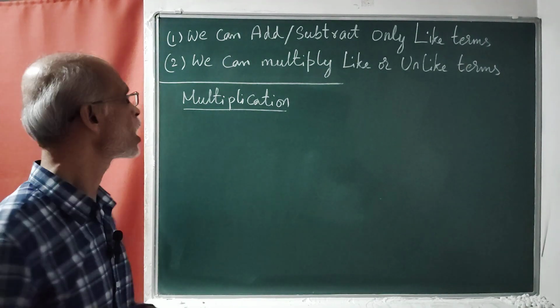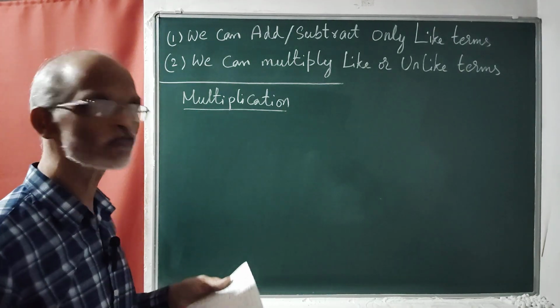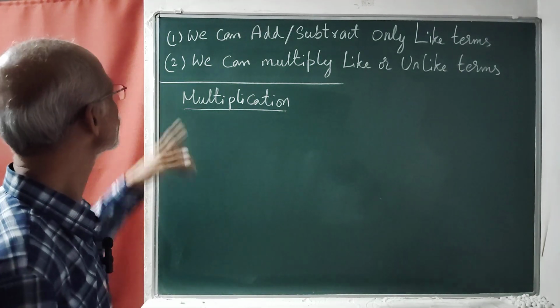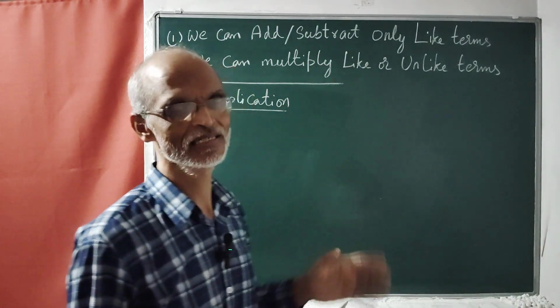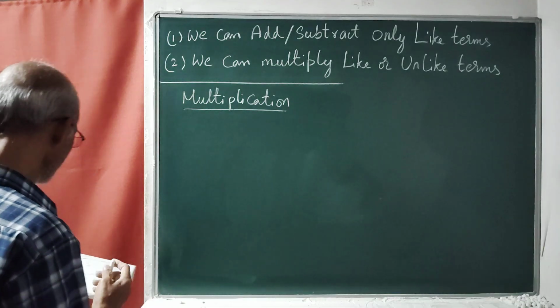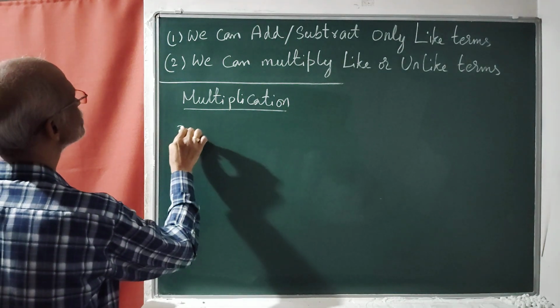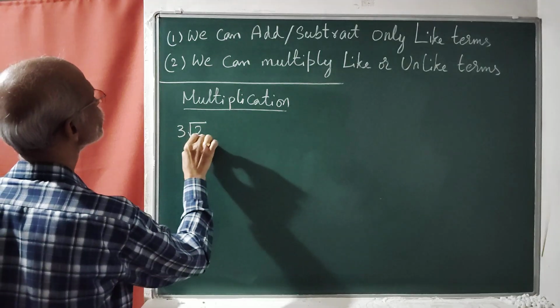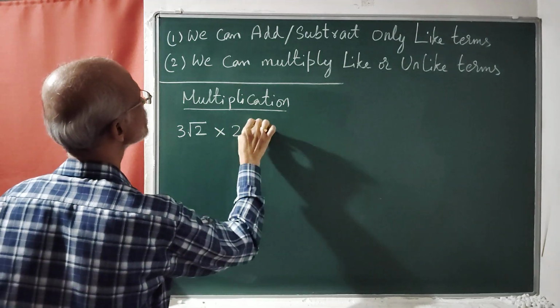Now we will see how to do the multiplication of irrational numbers. The rule says we can multiply any terms, like or unlike. 3 root 2 into 2 root 3.